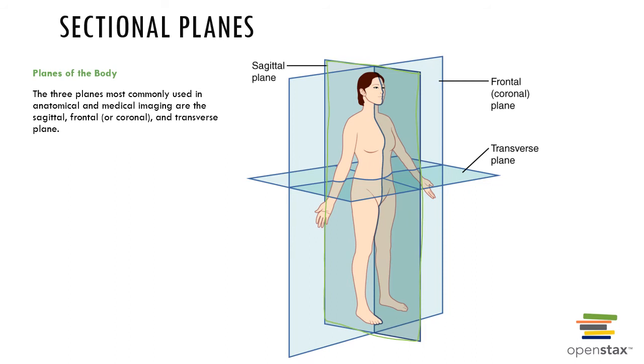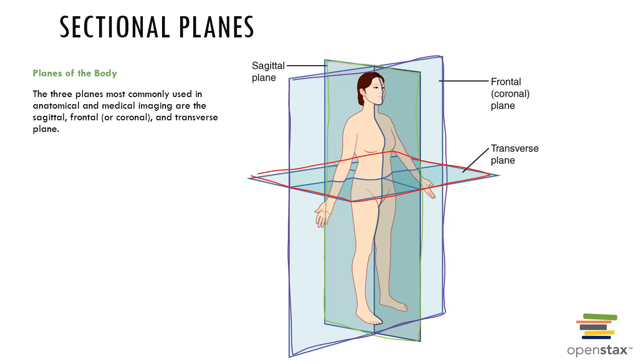Our frontal or coronal plane, here in purple, would be like doing a cartwheel. It divides the body into anterior or ventral and posterior or dorsal. The transverse plane, which I will do in red right here, divides the body into superior and inferior.